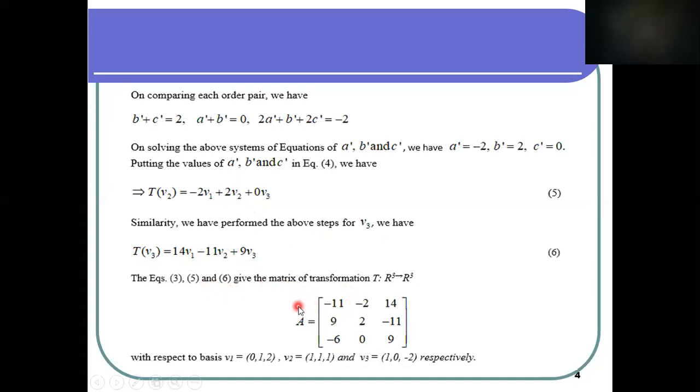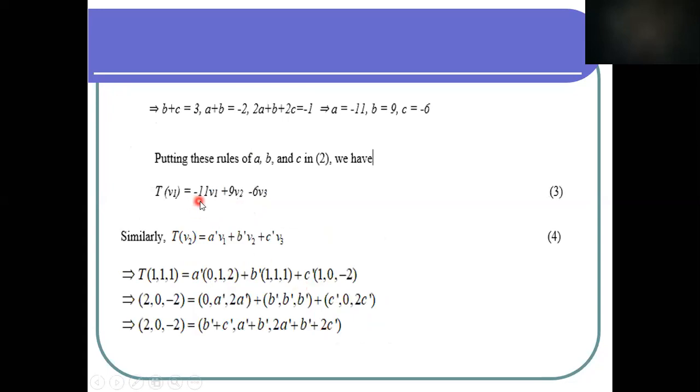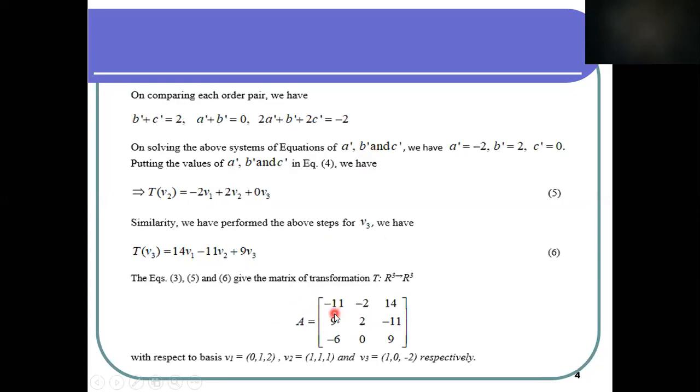If you look over here, the coefficients of the first equation are minus 11, 9, and minus 6, the coefficients of this equation are minus 2, 2, and 0, and the coefficients of this equation are 11, minus 14, and 9. This is basically the matrix of the transformation with respect to the basis V1, V2, and V3.